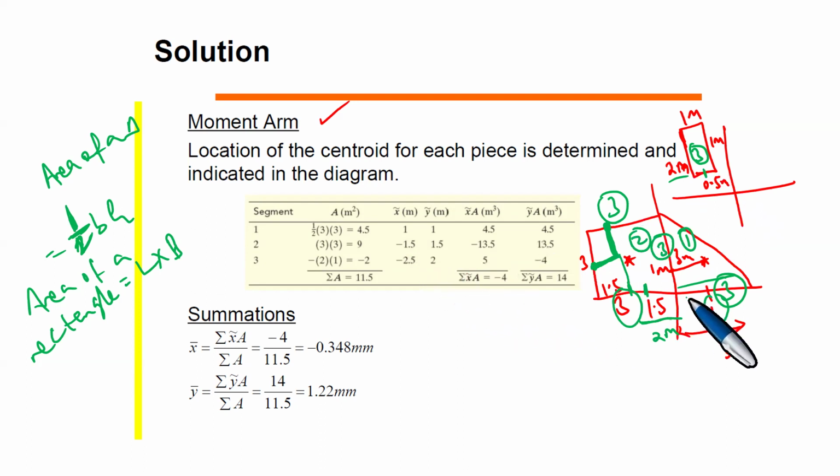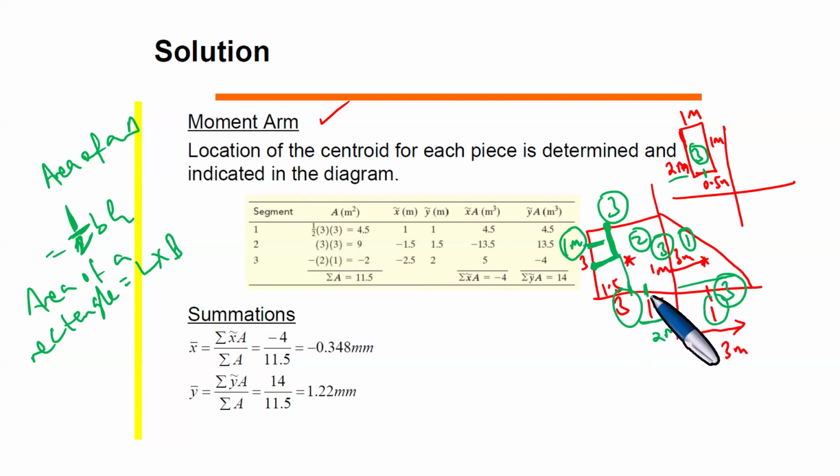And then the y is going up to the centroid of this particular slice, the missing part whose area is negative. Upwards is 2 meters, but divide by 2, you have 1 meter.